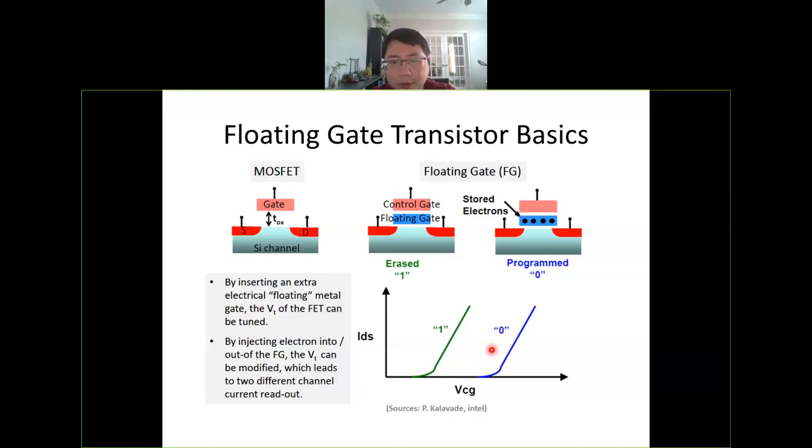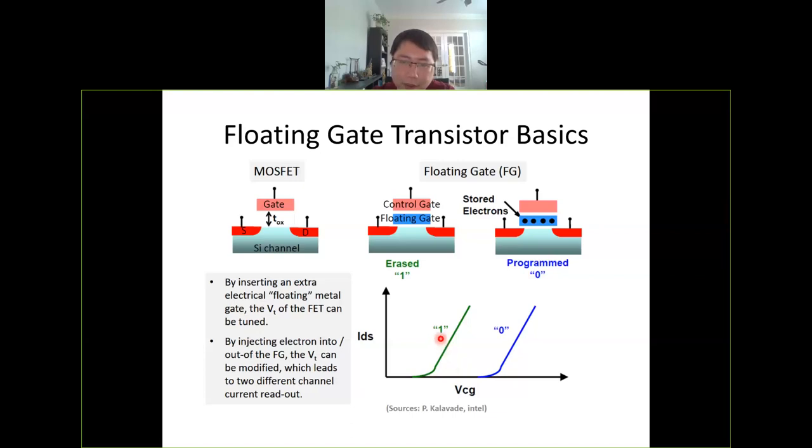What you can do here is to apply a read voltage somewhere between those two thresholds. You have two threshold voltages. If you apply some read voltage on the control gate, in the middle here, you can measure the drain current.